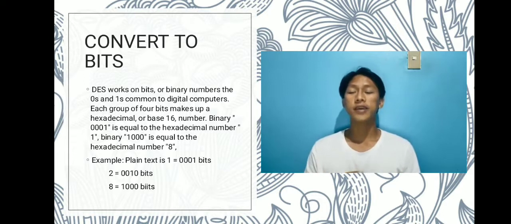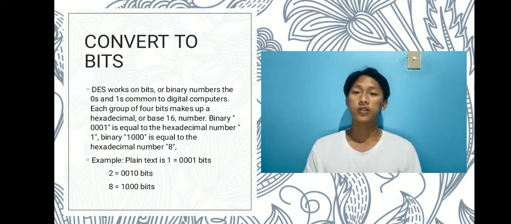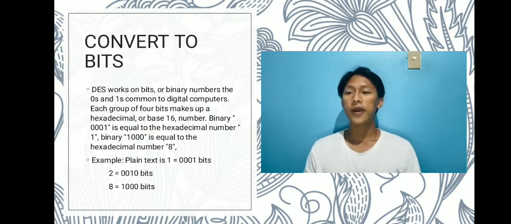DES works by encrypting groups of 64 message bits, which is the same as 16 hexadecimal numbers. To do the encryption, DES uses keys that are also 16 hexadecimal numbers long, or approximately 64 bits long.